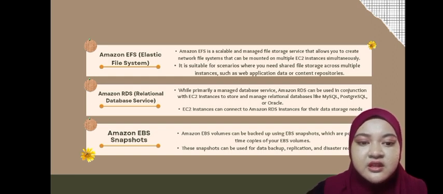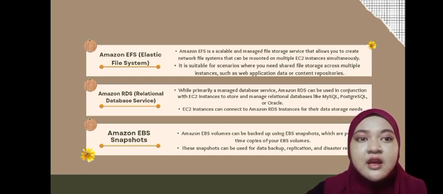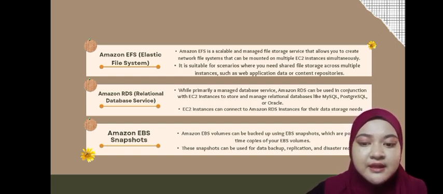EC2 instances can connect to an Amazon RDS instance for their data storage needs. And the last one is Amazon EBS snapshots. Amazon EBS volumes can be backed up using EBS snapshots, which are point-in-time copies of your EBS volume. These snapshots can be used for data backup, replication, and disaster recovery.